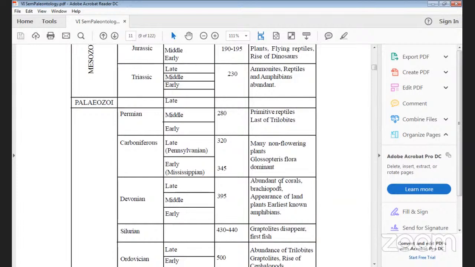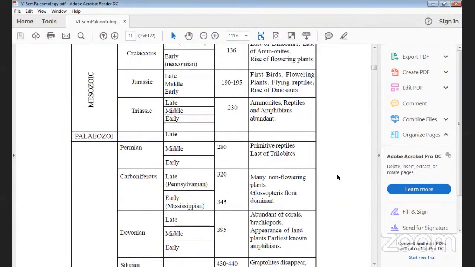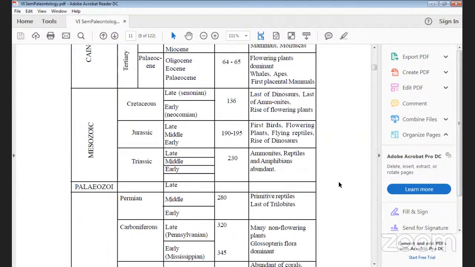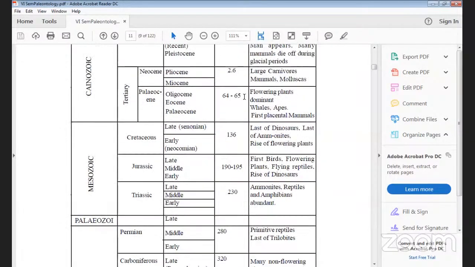Permian. If you come into the Permian, it's early, middle, late, and the age was around 280 million years, and it has primitive reptiles and the last of trilobites. Mesozoic. In the Mesozoic era, we see the Triassic, Jurassic, and Cretaceous ages, and these epochs are series.